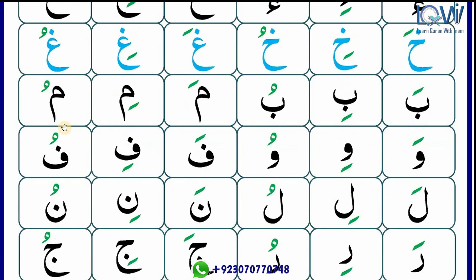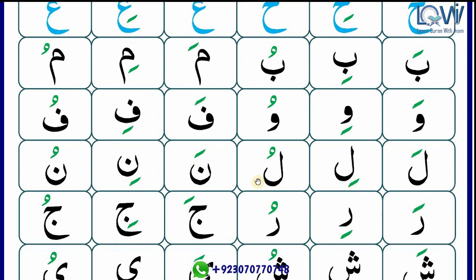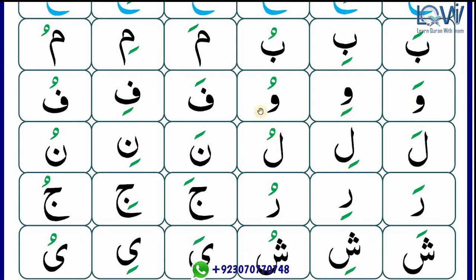Next letters are simple. These letters are not Qaribu South letters, but we will practice. Ba, bi, bo. Ma, mi, mo. Wa, wi, wo. Fa, fi, fo.